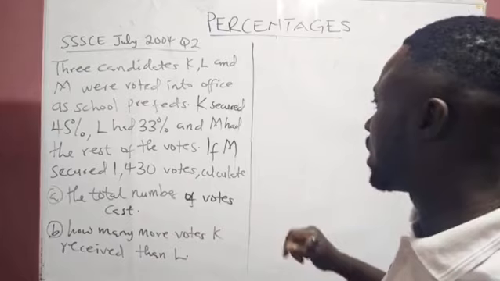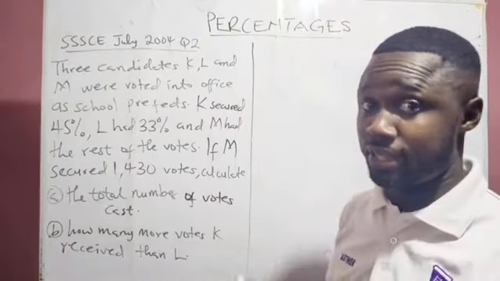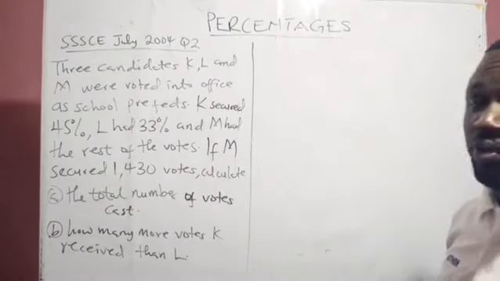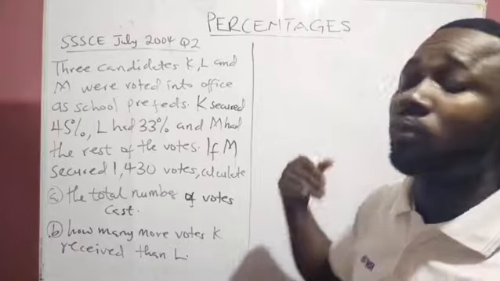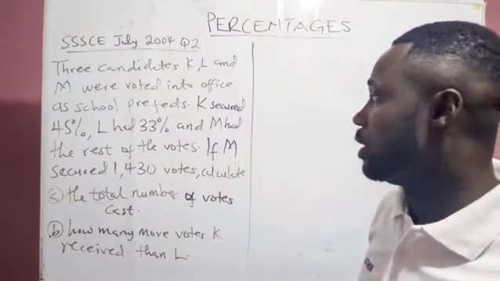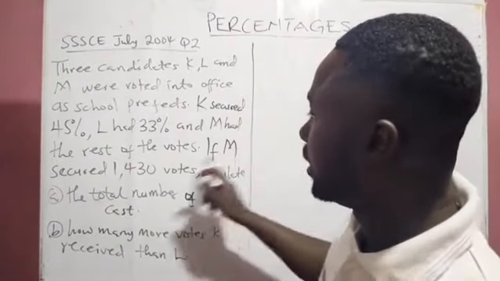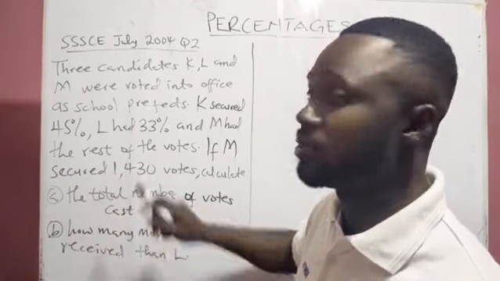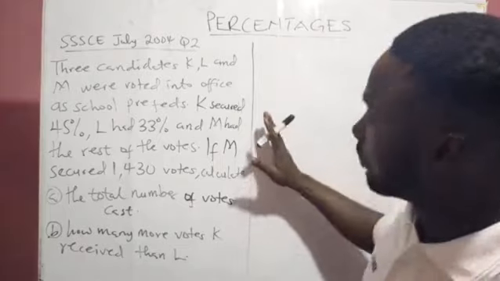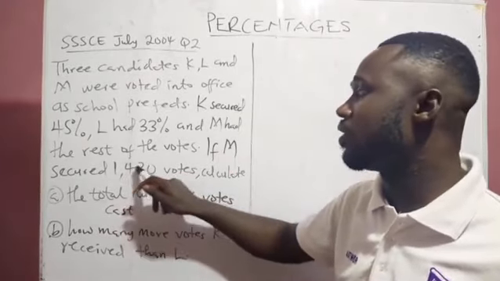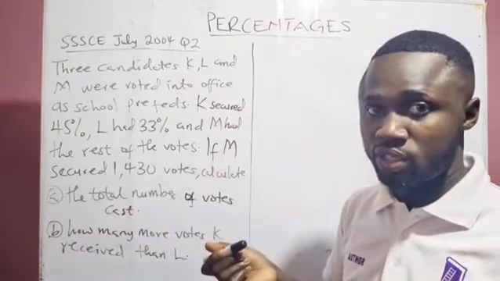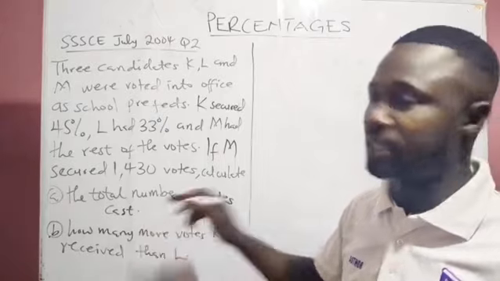Okay. So first, we are going to find the total number of votes cast, and that definitely will be 100%. However, we have to know a value in the question and what percentage it corresponds to. We are given that M secured 1,430, so we have to know the percentage this 1,430 corresponds to, so that we can find 100%.